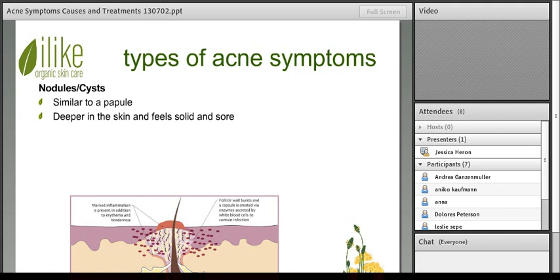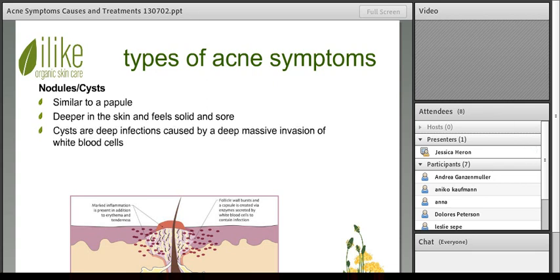The follicle wall bursts, and a capsule is created via enzymes secreted by white blood cells to contain the infection. So it's kind of a defense mechanism. That's what inflammation does: the white blood cells come up to go to the infection or the wound and create inflammation, and it is a defense mechanism.